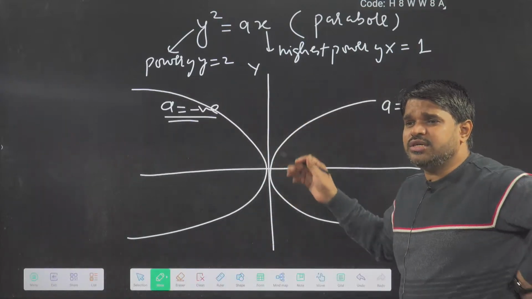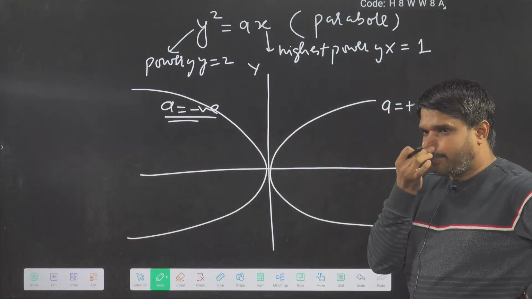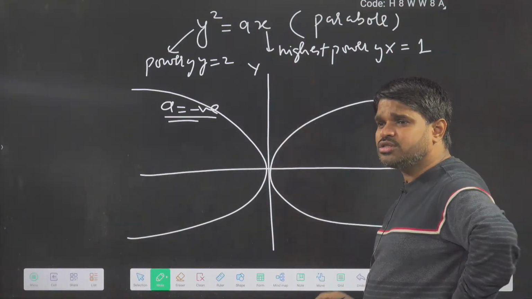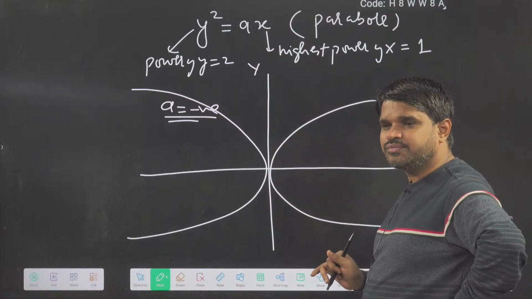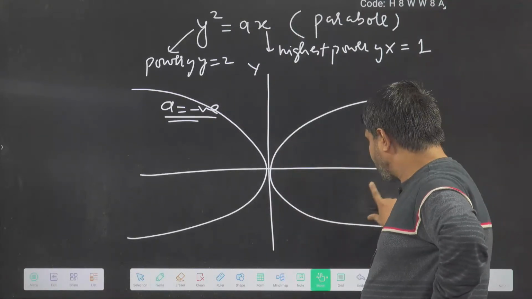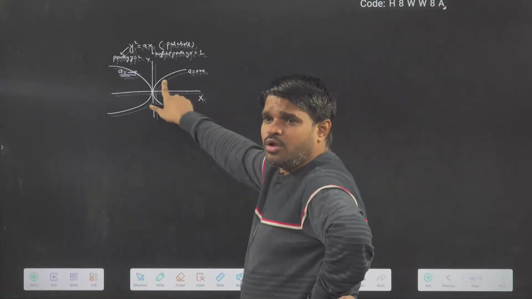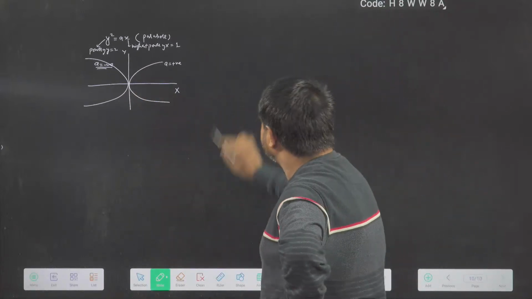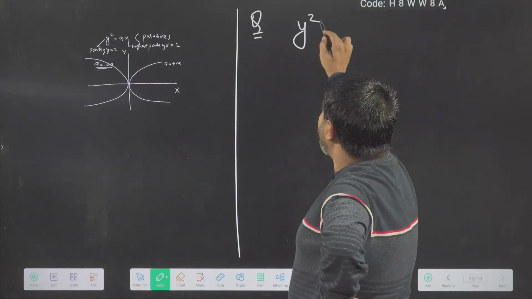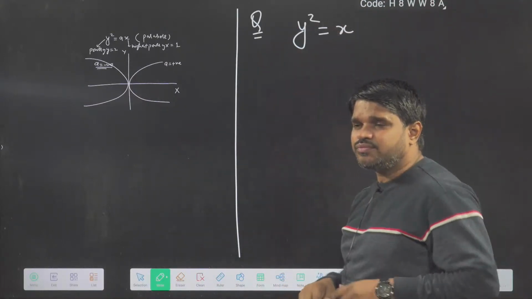Now let's go for questions. Done up to here? Now the first question. Y square equals x.